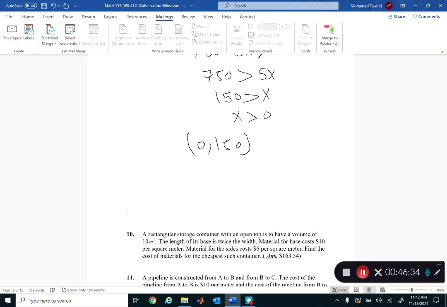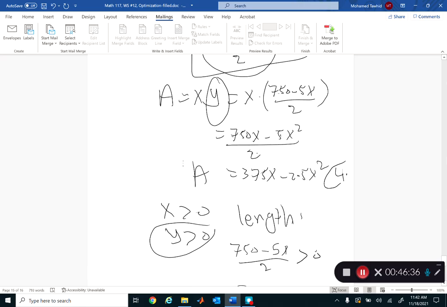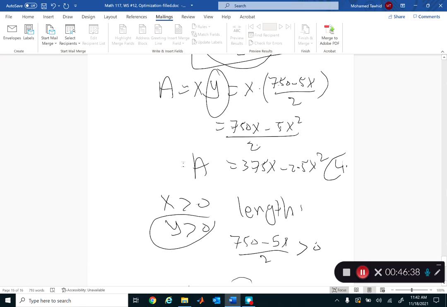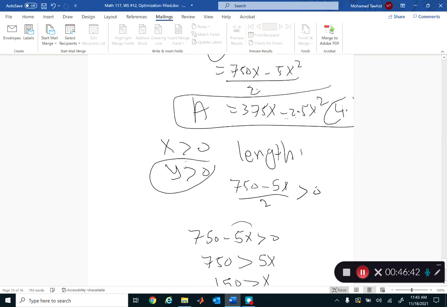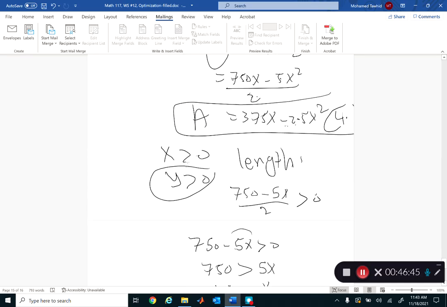So now I need to get the critical point. What is the critical point? That is your area. Go ahead and take the derivative. What is the derivative, guys? What is the derivative of 375x? It will be 375. What is the derivative of x squared? 2 multiplied by 2.5, you get 5x.